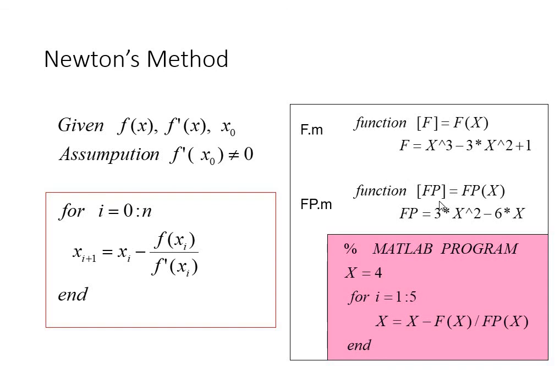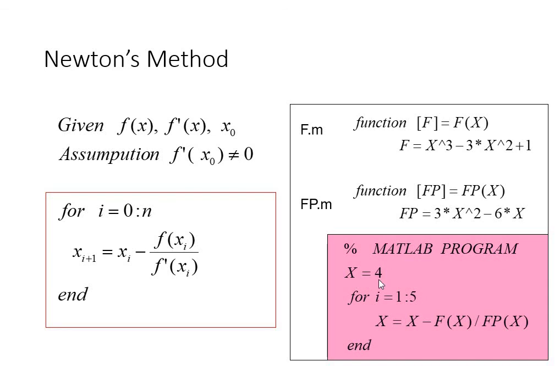Then the derivative function fp of x, which is the derivative of that, is defined by 3x squared minus 6x.